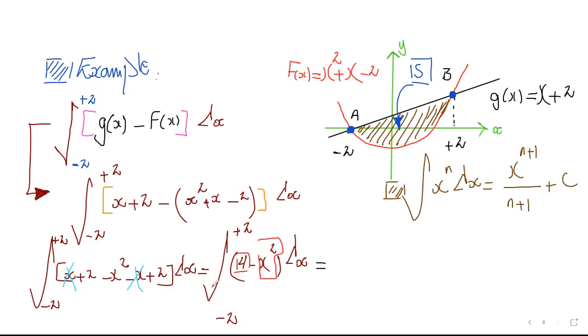The integration of 4 becomes how much? 4x, using this identity. You see that if you take the derivative with respect to x of 4x, you get back to the 4. Then we are right. The integration of x squared becomes x cubed over 3.